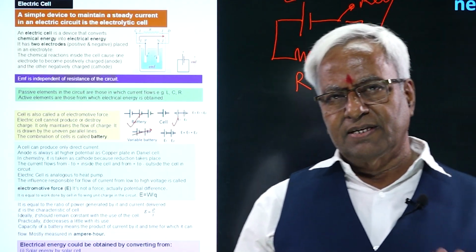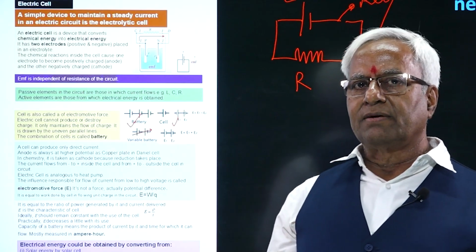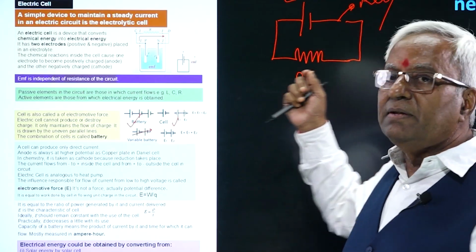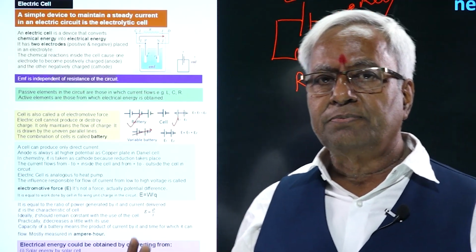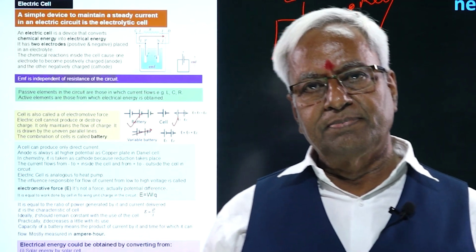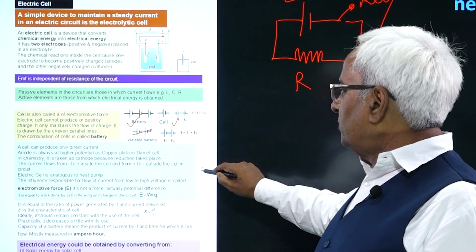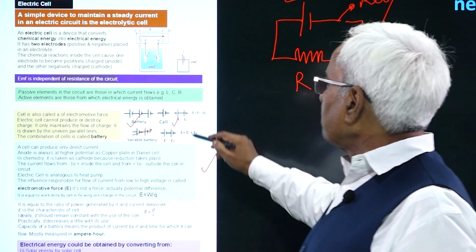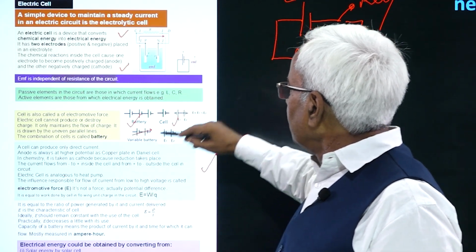That source might be a thermocouple, might be a photocell, any source of current that we termed as the active element of the circuit. So, you could say that circuits are always made of two parts, active and passive, that I have clarified at length. Now, we have covered each and every part related with the circuit.